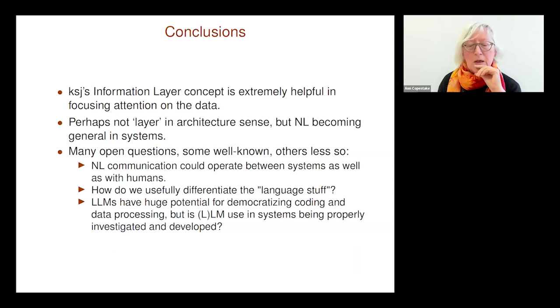There are many open questions, some of which I just alluded to with the rights part, but there are other open questions which are less well studied. This idea of natural language communication operating between systems, I think that's where it's going.